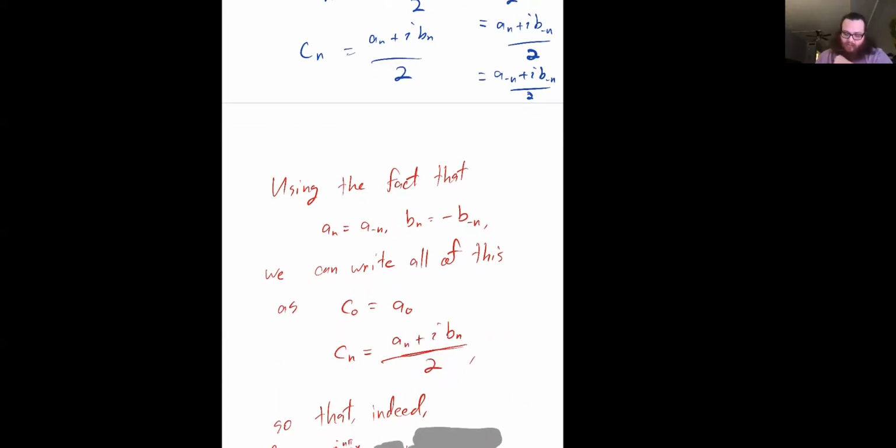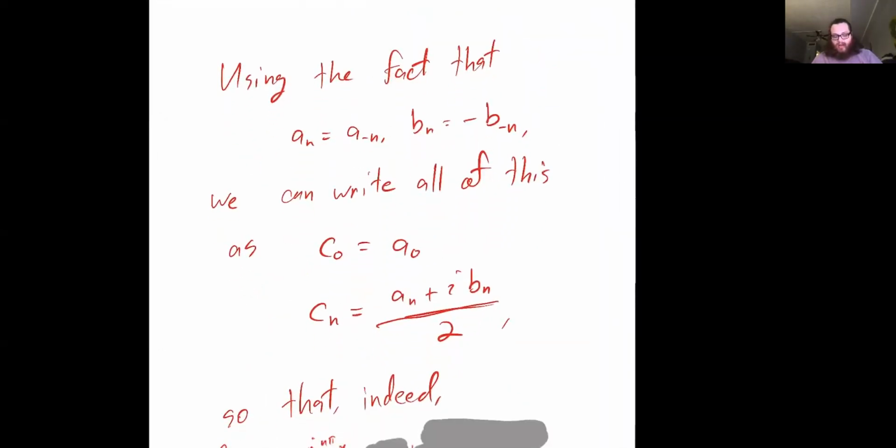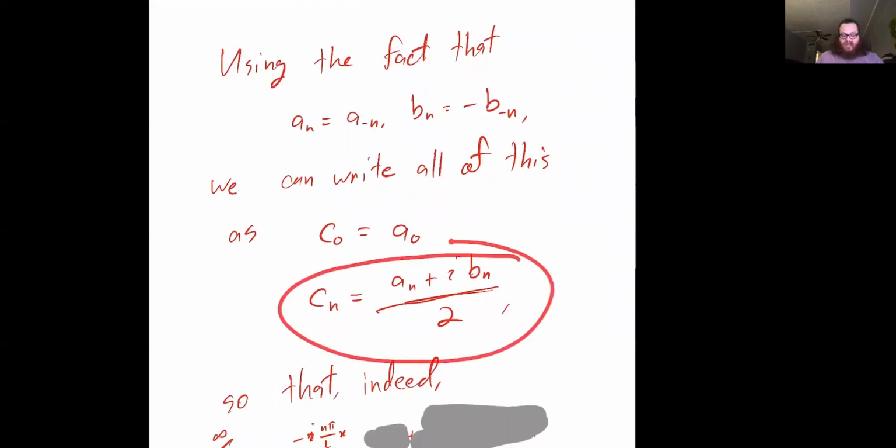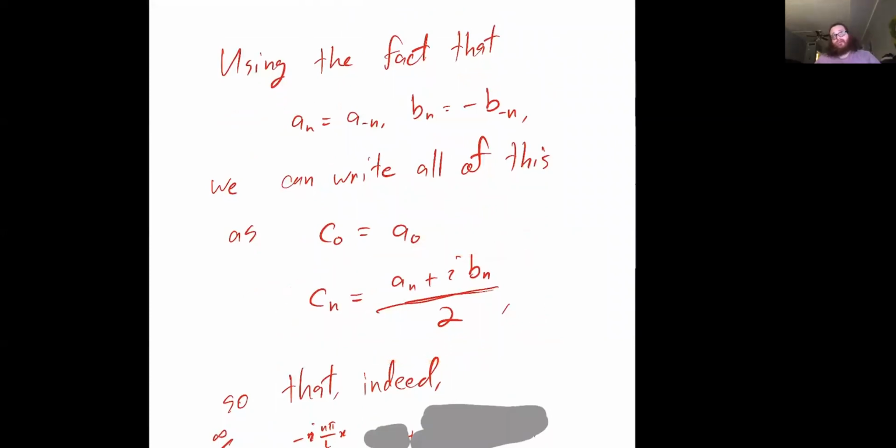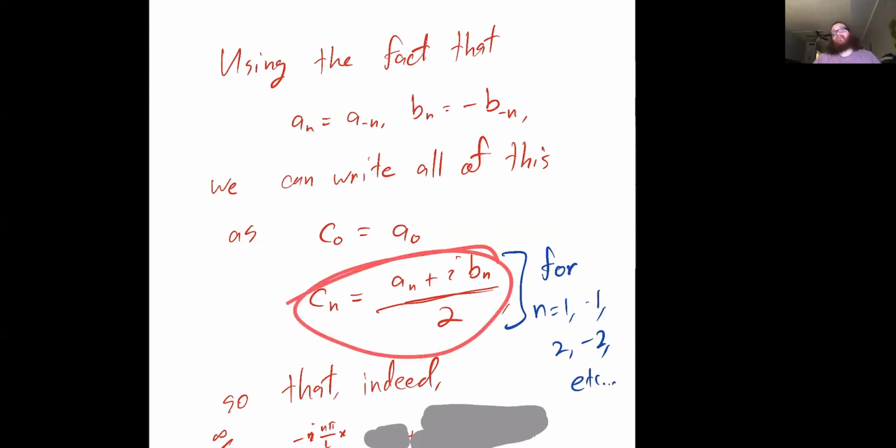But we've written things in a way so that we can write C sub n as just A sub n plus i b sub n over 2, where this holds for n equals 1, -1, 2, -2, etc. So we've gotten the behavior for positive and negative n all in one nice little formula.